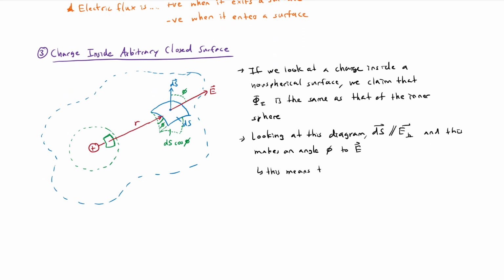This means that the projection of dS onto the inner spherical surface is dS cos phi.